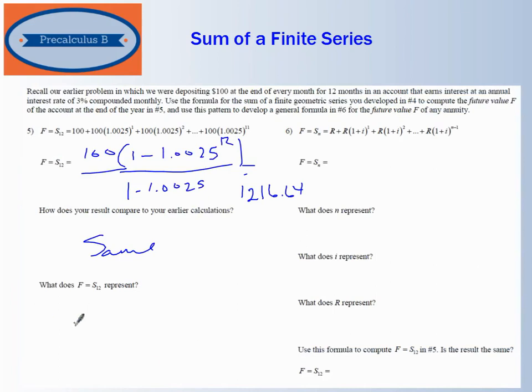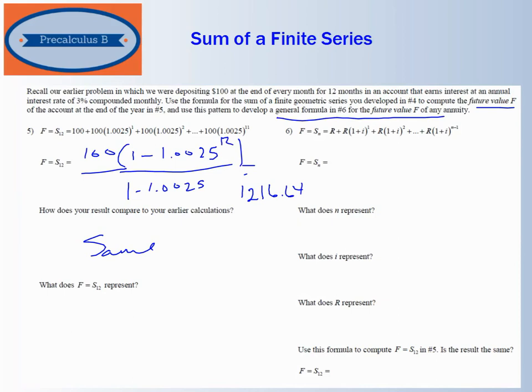Now, we could take a look at this as a series, and we could use this formula to compute what we would call the future value at the end of a year, which we did in number 5. We're going to develop a general formula for a future value without numbers. We want to write this out where all we have are variables instead of numbers, so it can be applied to any other situation similar to this.